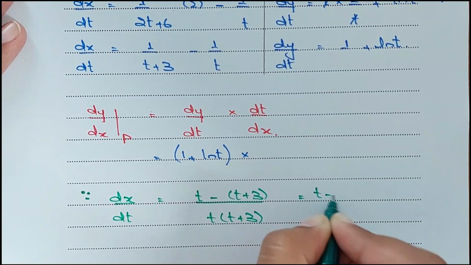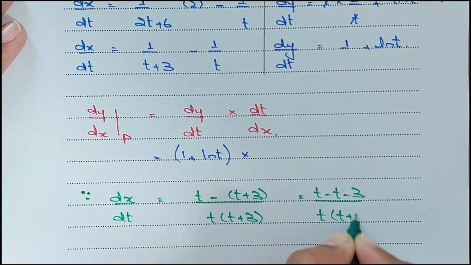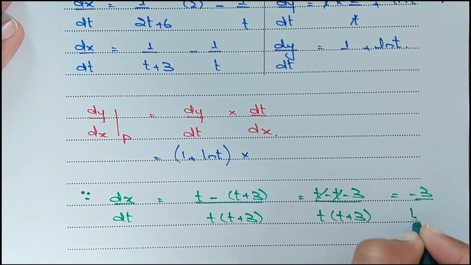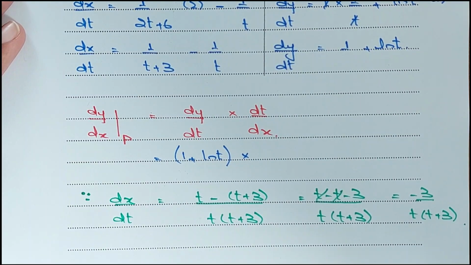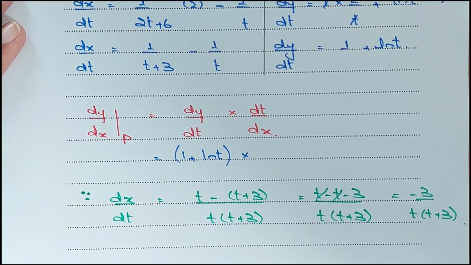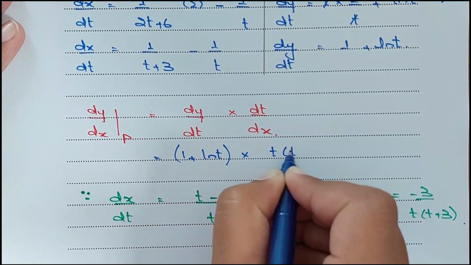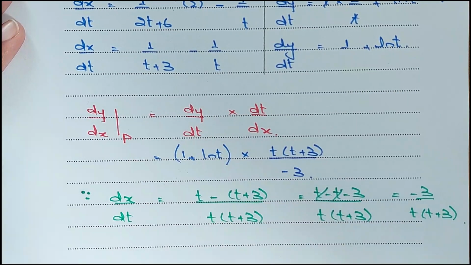This is minus 3 over t into t plus 3, right? Let me substitute this over here. This is the reciprocal, so t into t plus 3 divided by negative 3, right?